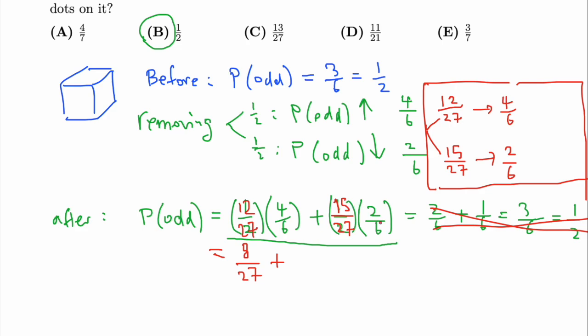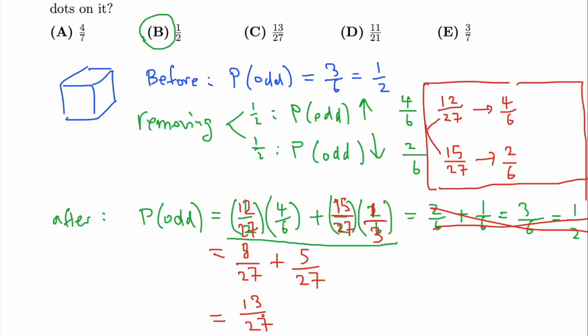And then we can do this one next. 2 over 6 we can simplify as 1 over 3. And 15 divided by 3 is 5. So this will simplify into 5 over 27. And if we add these fractions up, we'll get 13 over 27. So that's the final answer.